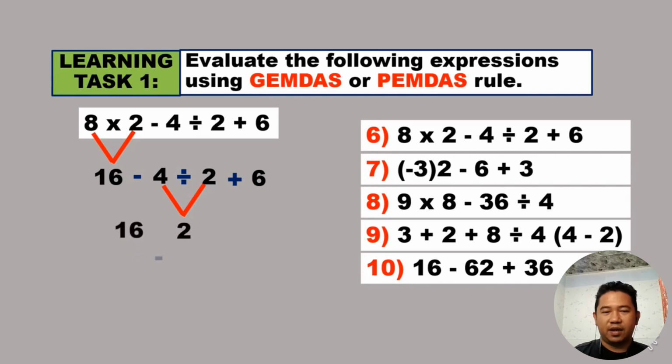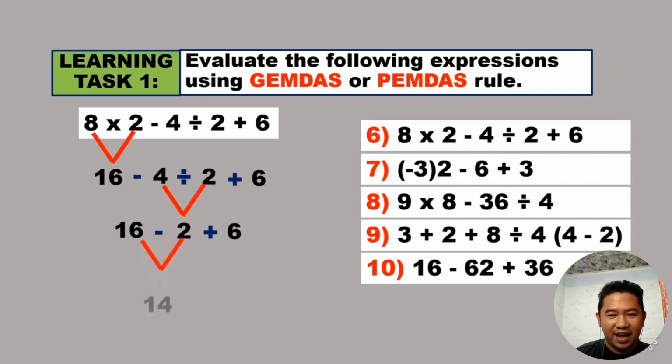Okay, so 8 times 2, that's 16. Then copy the number 4 divided by 2 plus 6. Now we have 4 divided by 2 first. That's 2. So let's copy 16 minus 2 plus 6. Okay, do you get it now?